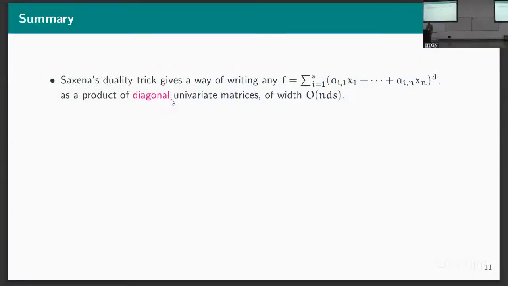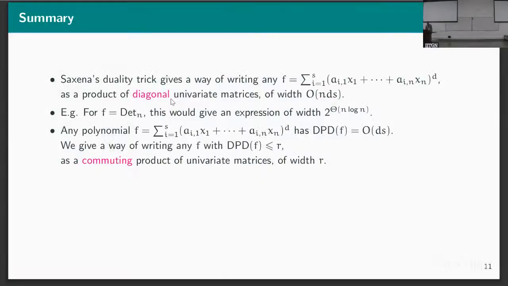Okay, so just summarizing now. The duality trick gives you a way of going from a polynomial being written as a sum of powers of linear forms to diagonal univariate matrix products, right? But for the determinant, this will give an expression of width roughly n factorial, some poly in n factorial.